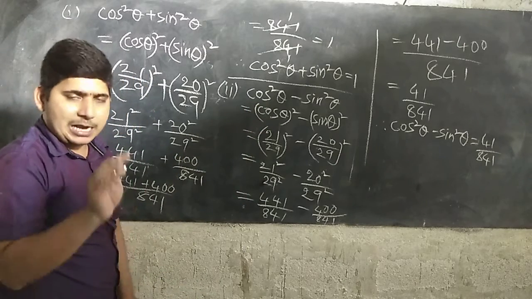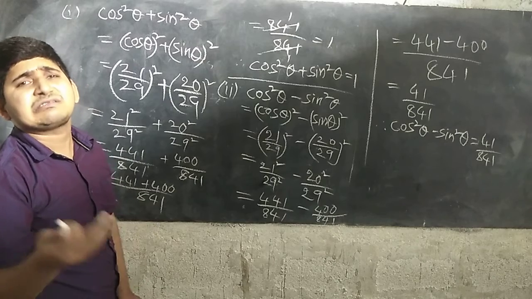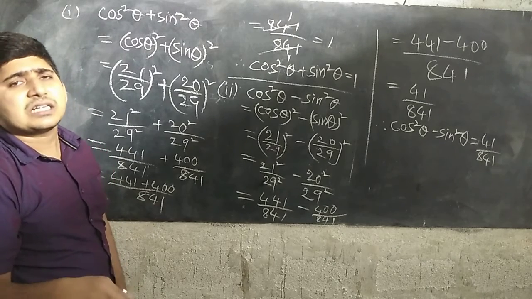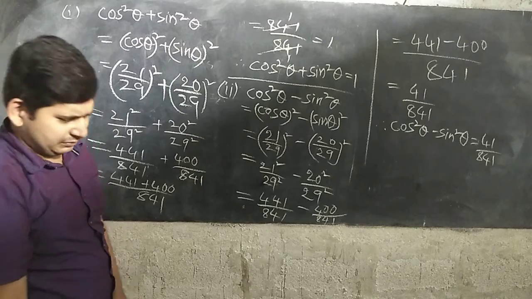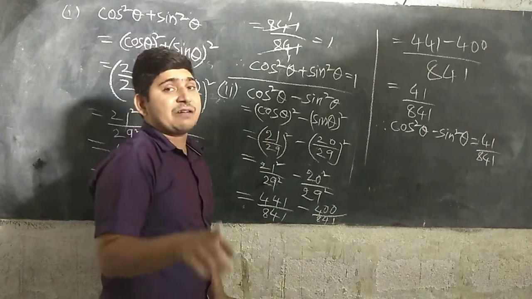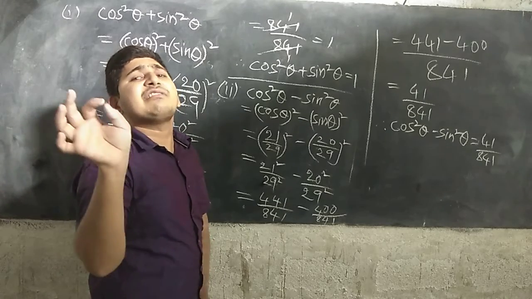Remember that cos square theta is not equal to cos theta square; cos square theta is equal to cos theta whole square. The angle value cannot be squared because it is a fixed value.